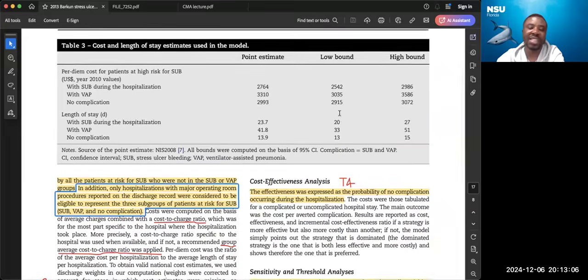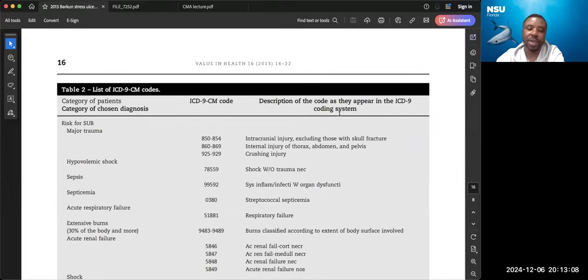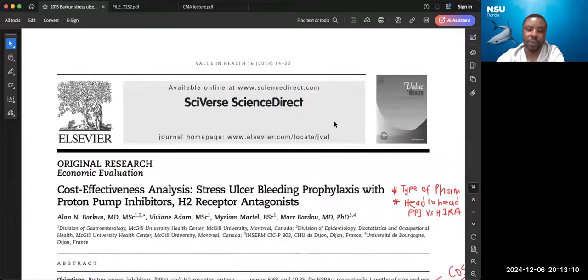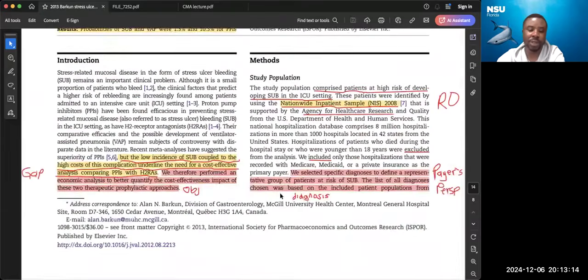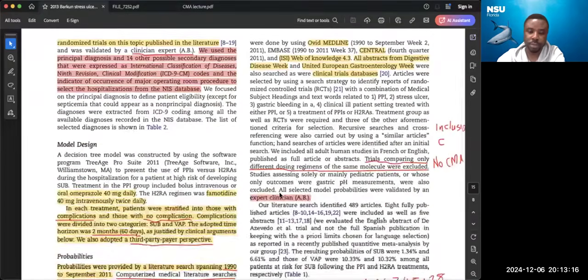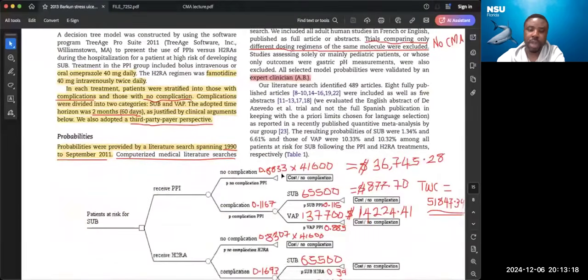So let me go to the decision tree and show you where they got their effectiveness, or their outcome, from. And remember that I said this is a clinical outcome. So their outcome was the probability of no complication. In the beginning, I told you that these drugs are to prevent stress ulcers.